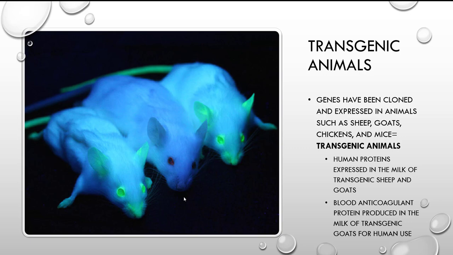I don't know what gene they used, but they do a lot of experimentation on mice to see which genes will work. I don't know why this would be of use for humans, but it was in your textbook, so I used the picture.